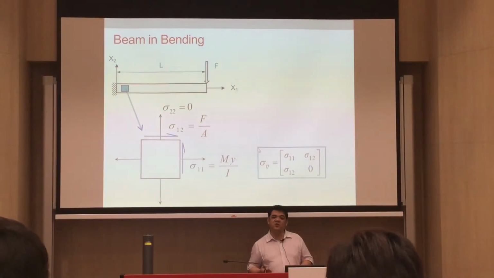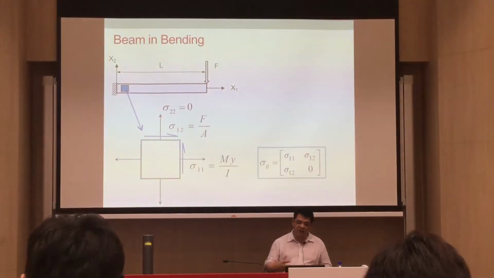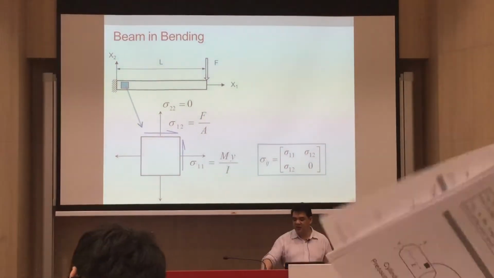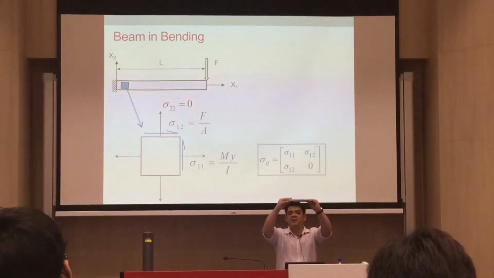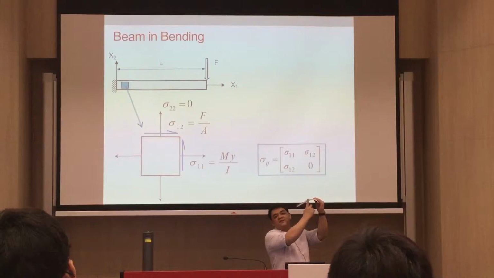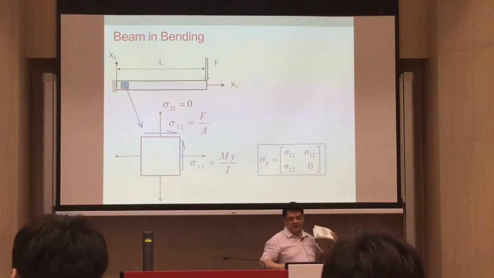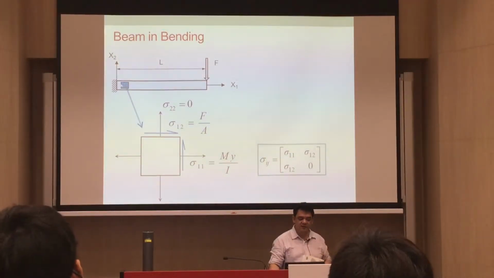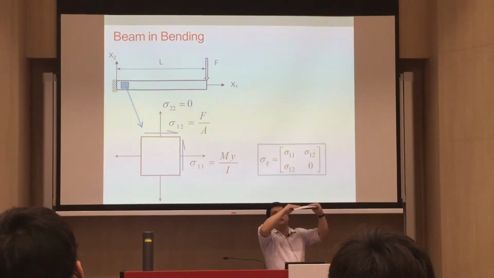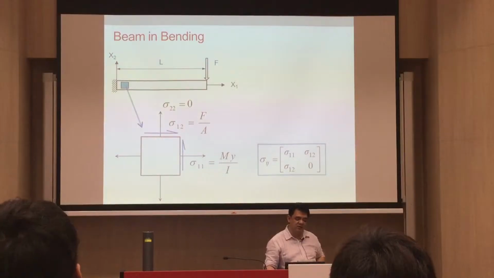Now, we have done this already when we solved some simple examples last time. So we have a beam bending. If this beam is bending, and you want to look at that infinitesimal element here, this will be subjected to 2 stresses. It will be normal along here. Just take a look at this very small thing here.